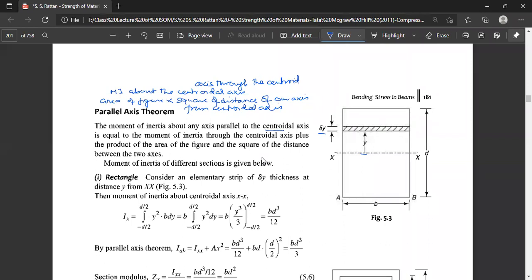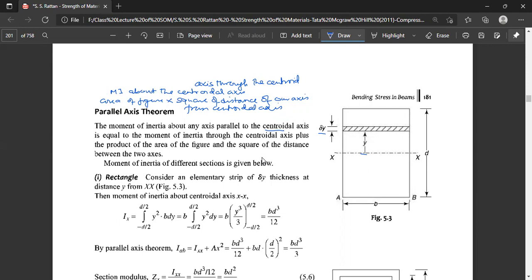First of all, the total moment of inertia is the moment of inertia through the central axis plus the product of the area and the square of the distance between the axes. So here we are integrating from minus d by 2 to plus d by 2 the product of the area and the square of the distance for the whole section.